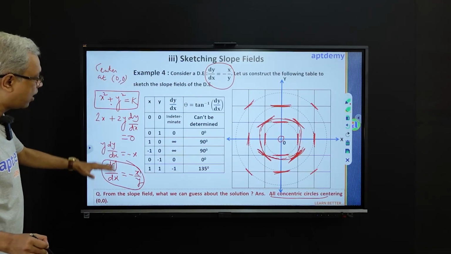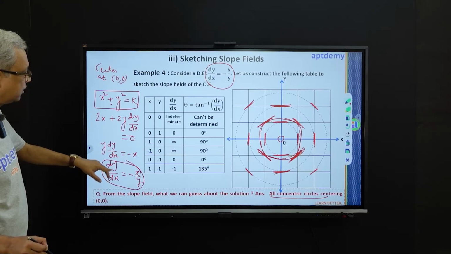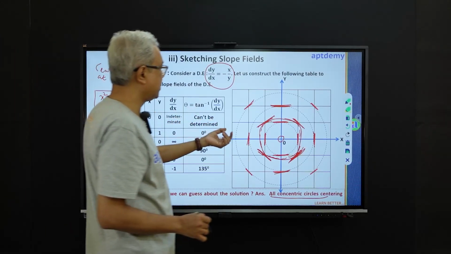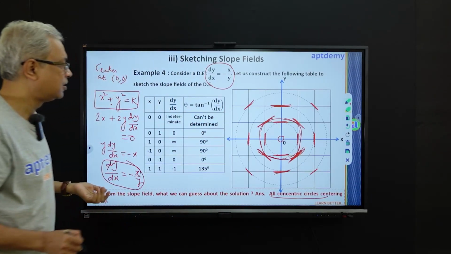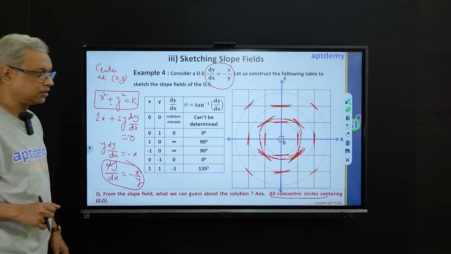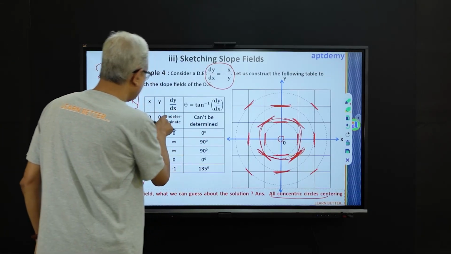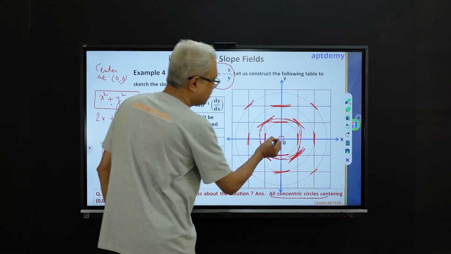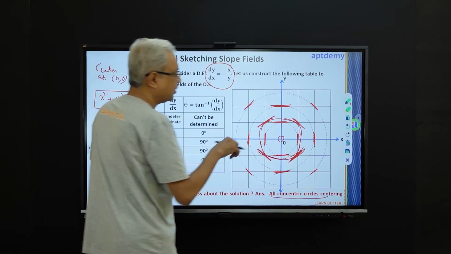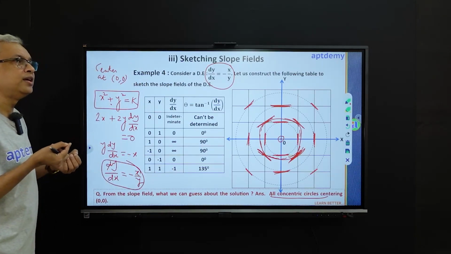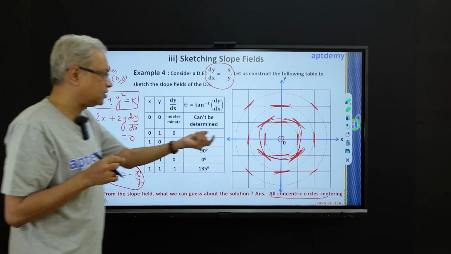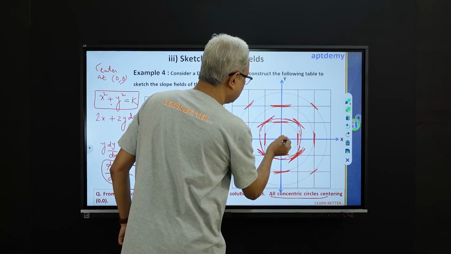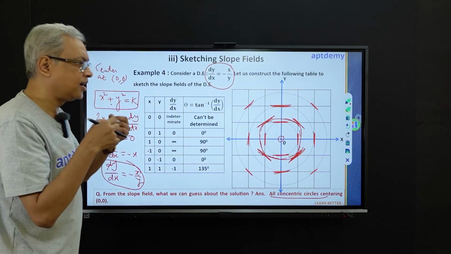Till now we do not know how to solve this differential equation, but from the slope field we can make a very good guess about the probable solution. And see here, at the 0, 0 point, there is no circle like this. 0, 0 is a point, and there is no concept of drawing a tangent. It is excluded actually, as its radius is not defined.